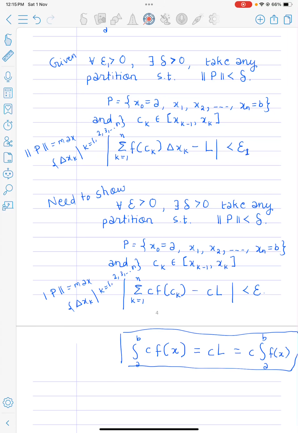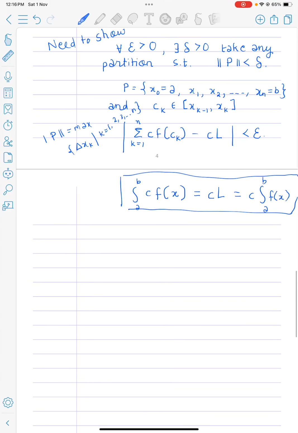So how do I go about it? Well, let's replace this one also by delta 1 so that we don't confuse. Let's call this 1.